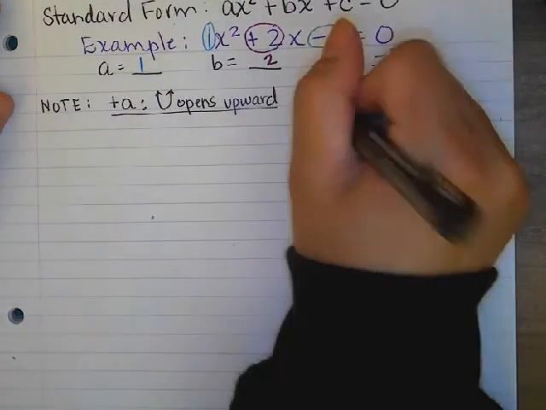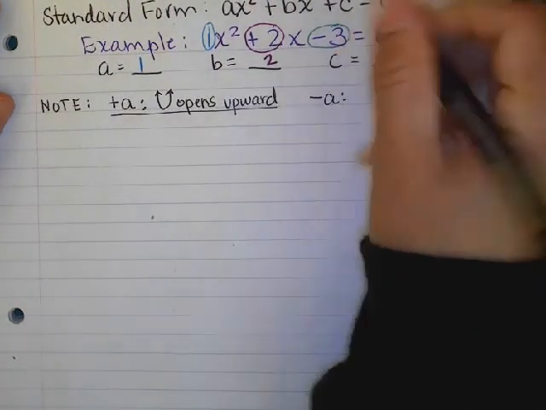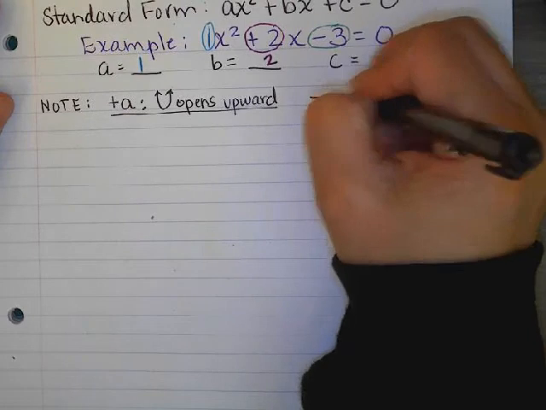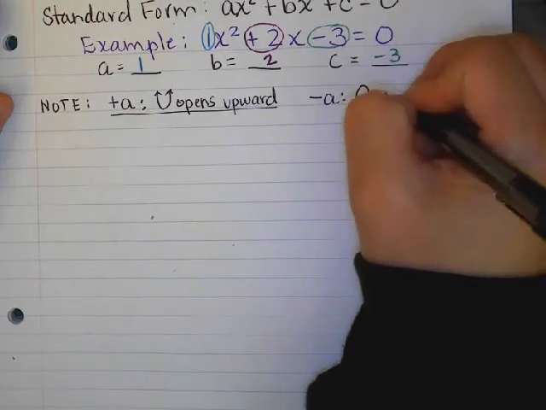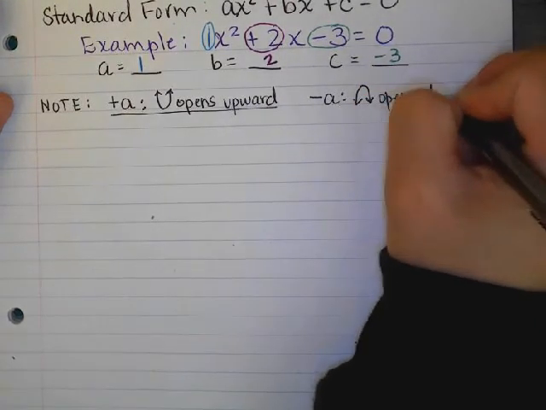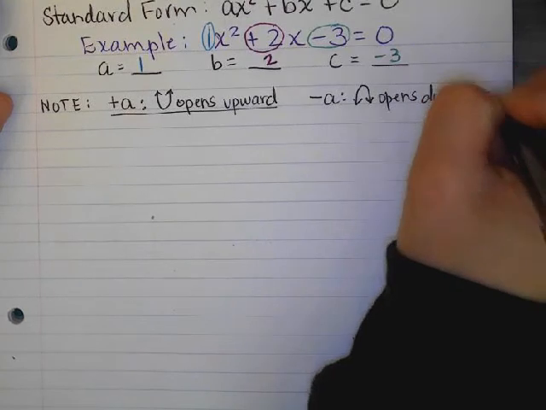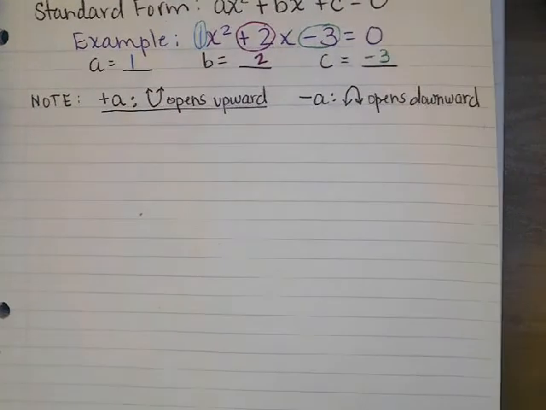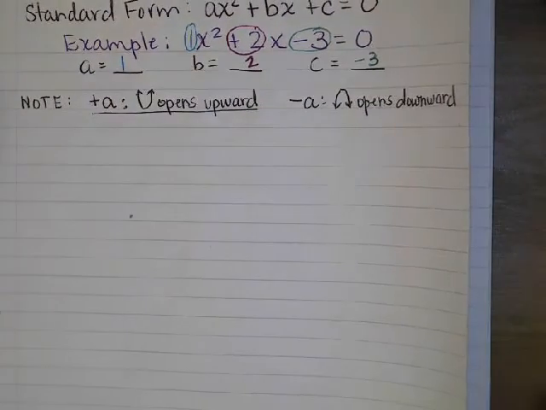But if a is negative, your graph is going to look something like this, which means it opens downward. So that's the information that the a gives you, okay?